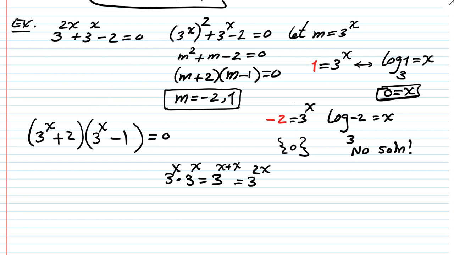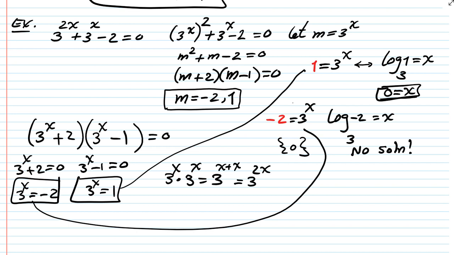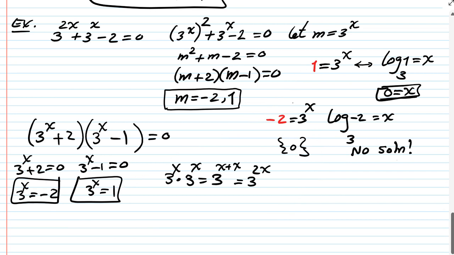And set it equal to 0 and solve each of those. 3 to the x plus 2 is 0, or 3 to the x minus 1 is 0. From this, 3 to the x is 1. From the first one, 3 to the x is negative 2. But both of these equations, you see that? We see them here, and we see this one here. We've already solved those. These are your next steps. Okay. So you get the same outcome.